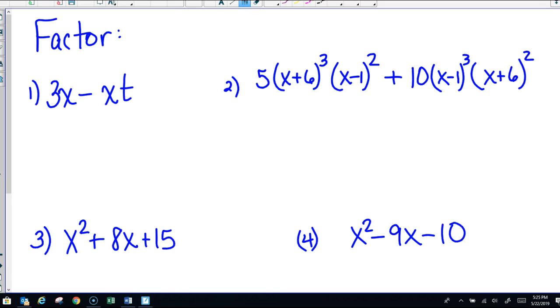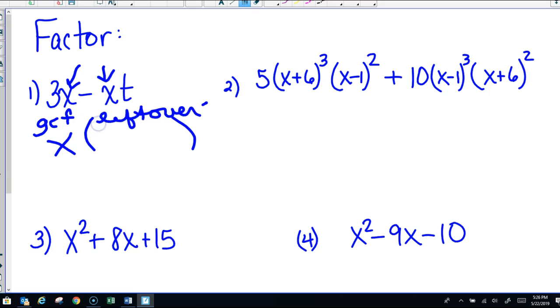Alright, 3x minus xt. One of the most basic ways for factoring is being able to find a common factor, something that is on each term. Might be a number that's a factor of the coefficient, or it might be a variable here. So x is common, so we pull that out front, and then it's multiplied by what's left over.